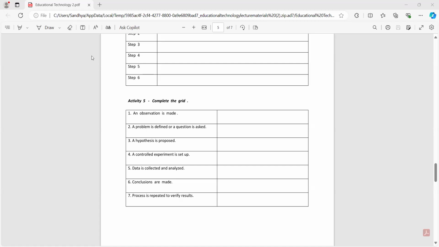I made one for beekeeping. So beekeeping did not succeed in this quarter. That is the first one, identifying the problem.